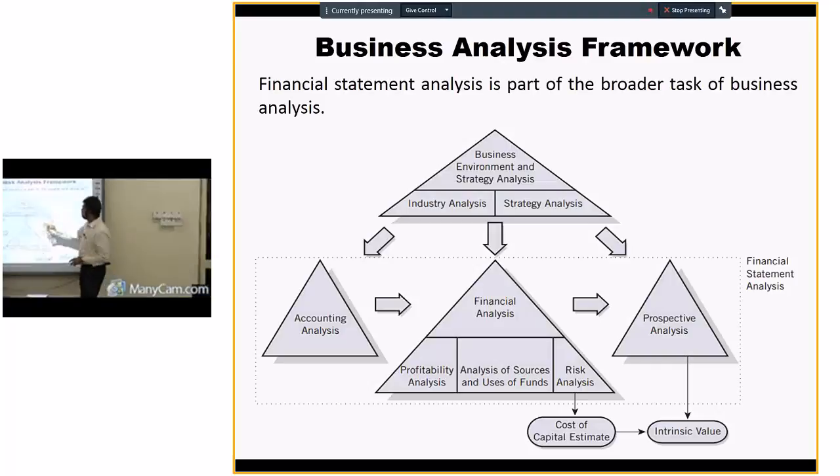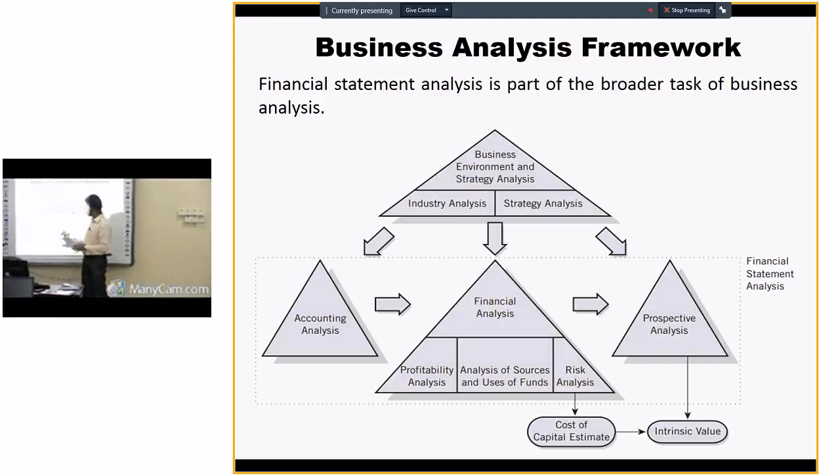Now if you go to business environment and strategy analysis, you can see industry and strategy analysis. Further we can divide into a number of segments here: accounting analysis, financial analysis and prospective analysis. This is regarding the forecasting and future valuation techniques.